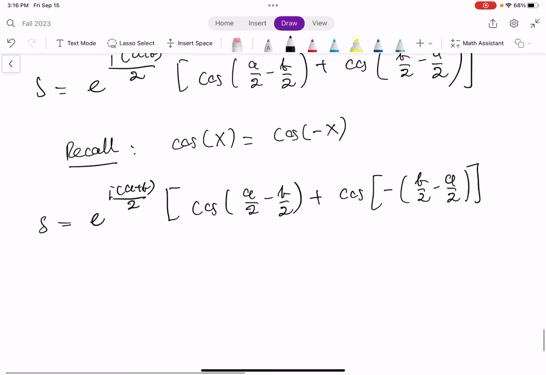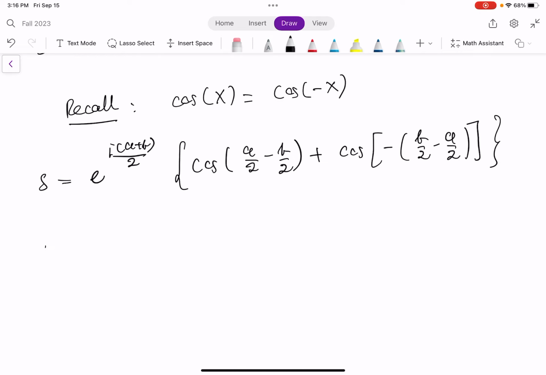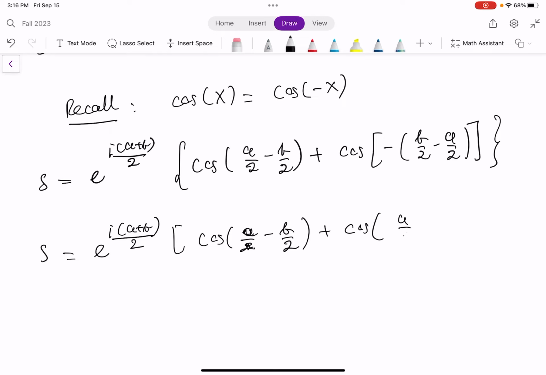I'm going to use this bracket, it's better. So your sum is e to the power i times (a plus b) over 2, times cosine of (a over 2 minus b over 2) plus cosine of (a over 2 minus b over 2).